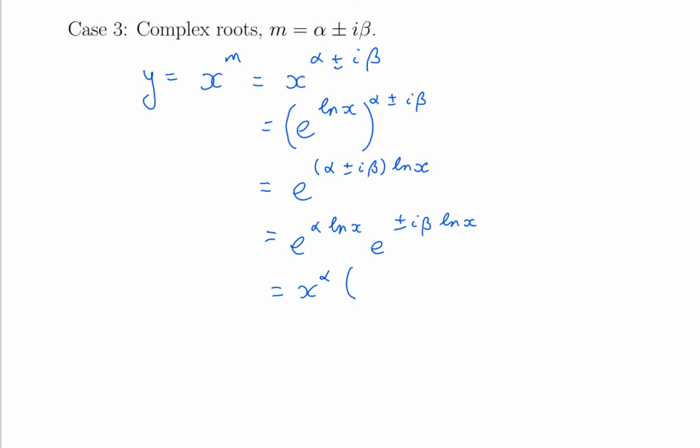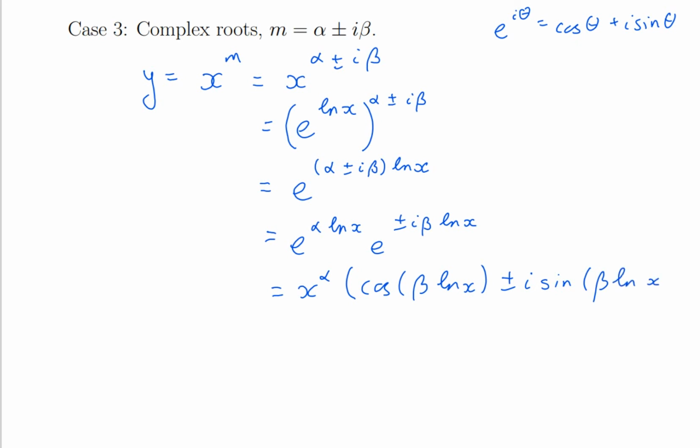What about this term? That's e to a pure imaginary number. Recall Euler's formula, e to the i theta is cos theta plus i sine theta. So e to the i beta log x, I can write that as cos of beta log x plus or minus i sine beta log x.